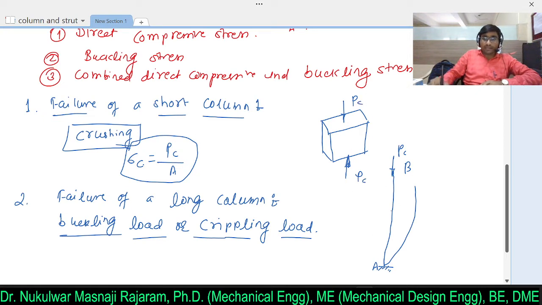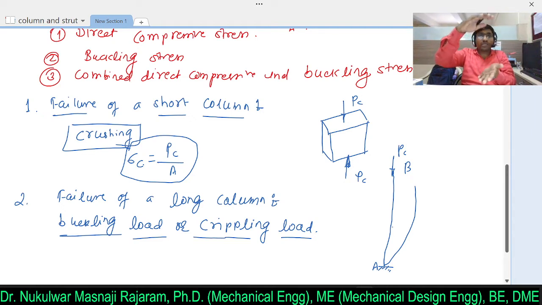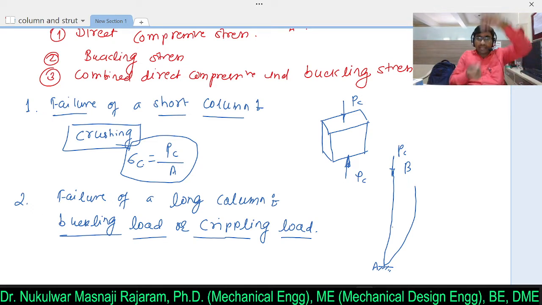But as the length is more, try to understand this concept. If you consider a small length column, it needs to fail due to crushing only, and for that we require a large compressive force. However, if the length of the column is very large, then if you apply a small amount of force at the end, it will start to buckle.